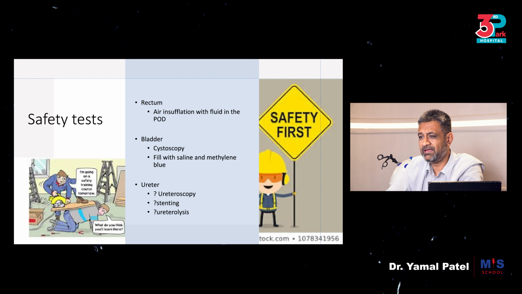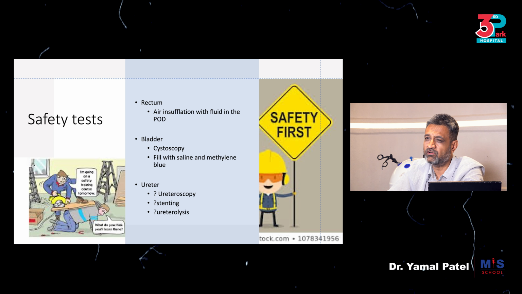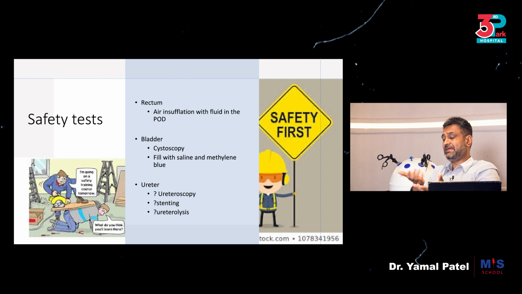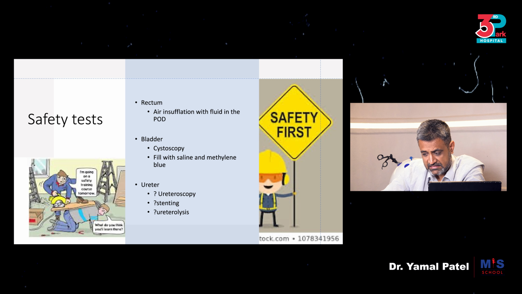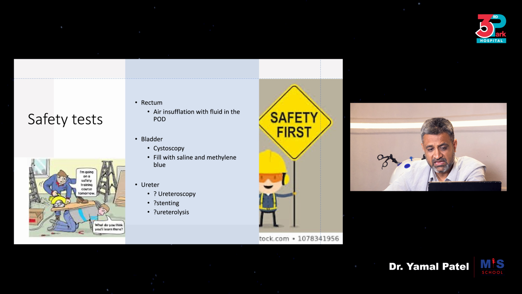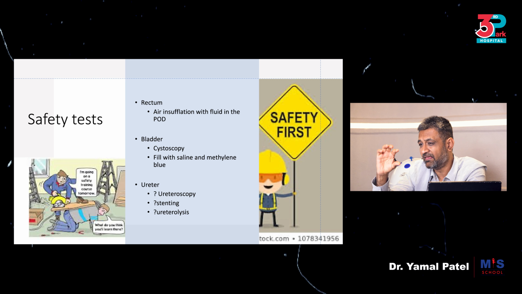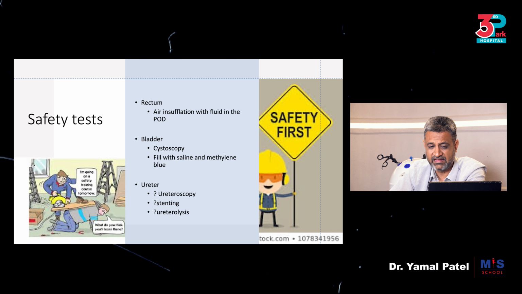Well, it is recommended that in all difficult hysterectomies, and make it a routine, it just helps, consider obviously the role of safety tests like air insufflation with fluid in the pouch of Douglas for the rectum in cases where you've done surgeries near the rectum like endometriosis, etc. Consider bladder cystoscopy or filling with saline and methylene blue as well to see any mucosal breaches in cases of previous surgeries and you went very close to the bladder. In case of something like that, you may need to take a few stitches over that area.